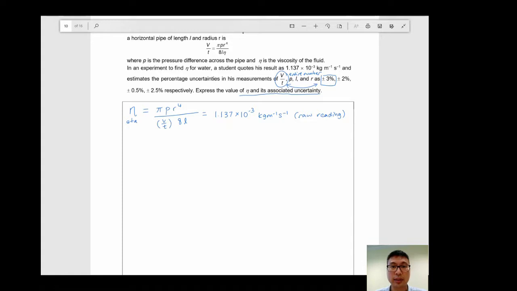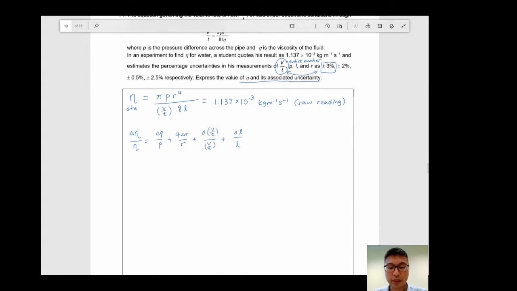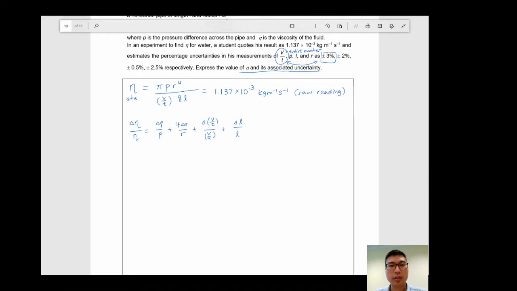to find the uncertainty. Now I'd like you to notice a couple of things in this calculation of uncertainty. The first thing you might notice is that we have multiplied the fractional uncertainty of our radius by 4. That's because we have an r to the power of 4 term at the top. The next thing you may have realized is that we kept v over t together and we actually use v over t as an entire number.